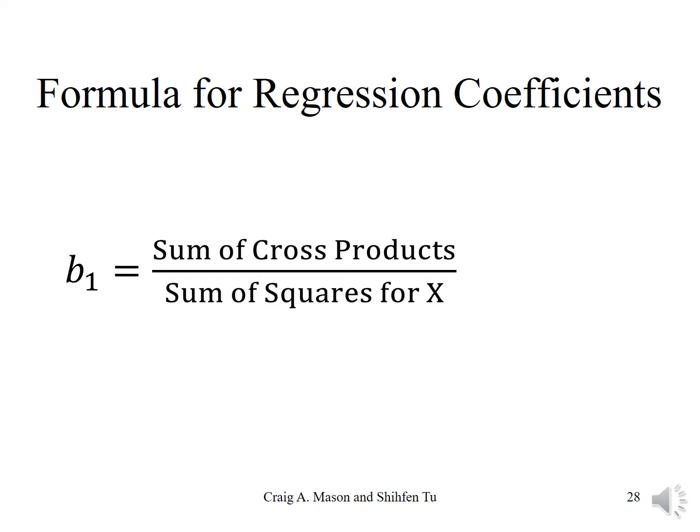The formula for b0, the y-intercept, is equal to the mean for y minus b1 times the mean of x. To see why the formula for the y-intercept is the mean of y minus the slope times the mean of x, you have to first understand what's called the point of averages.